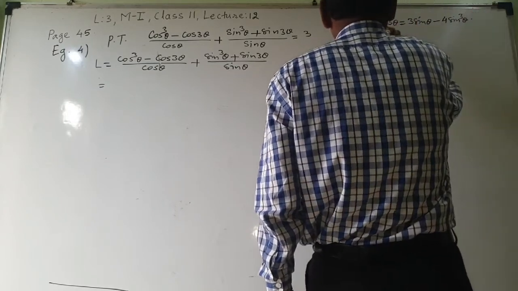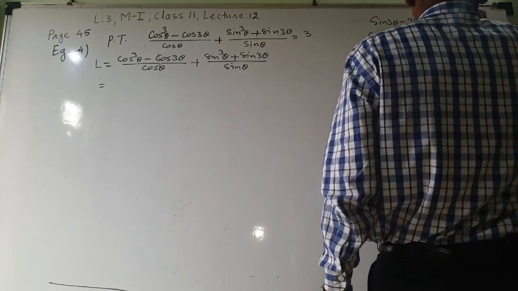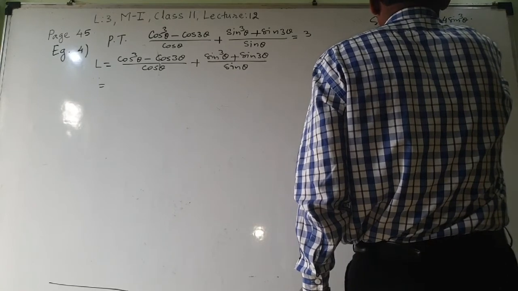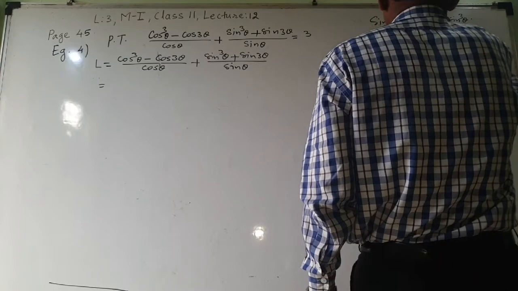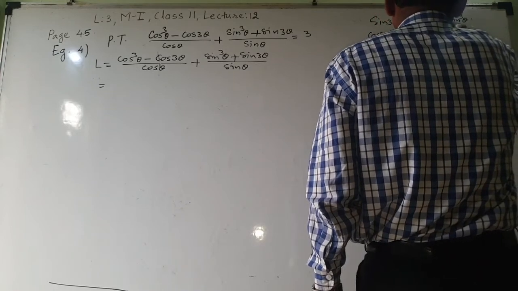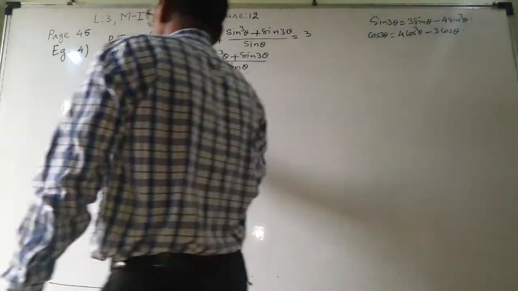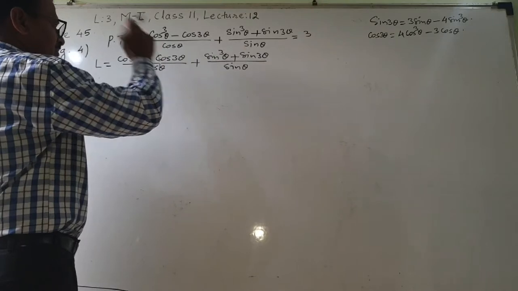From this itself cos 3 theta we can write. Just invert this. This 4 cos cube will come here, 4 cos cube theta minus 3 cos theta. So both the formulae, remember one, that of sine, and you will remember this.